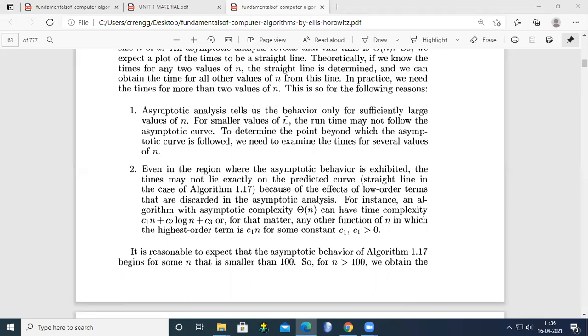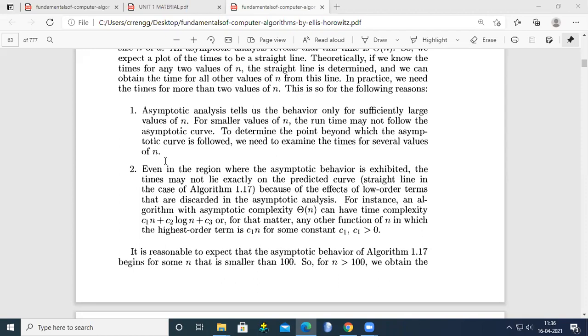For smaller values of n the growth rate is smaller, meaning the time taken by the algorithm is smaller compared with sufficiently large values of n. So we determine the point beyond which the asymptotic curve is followed.